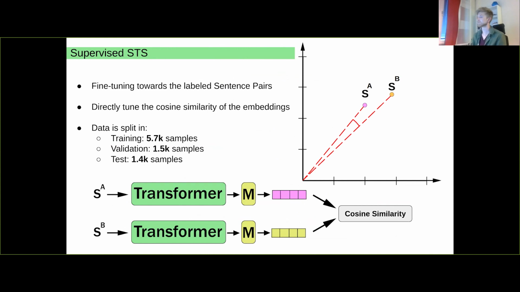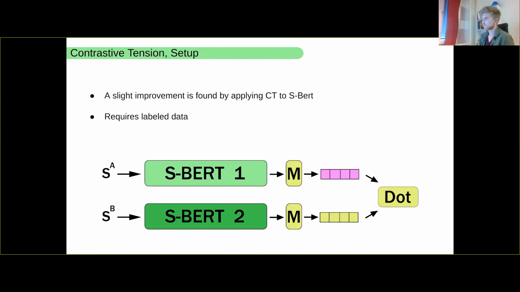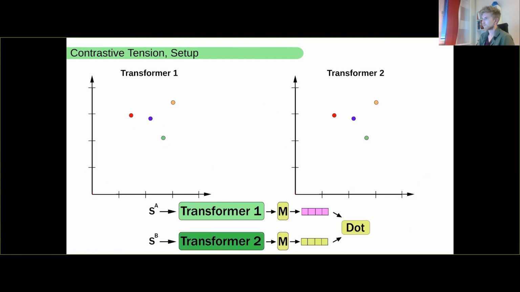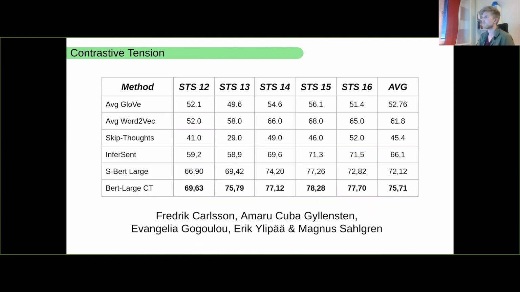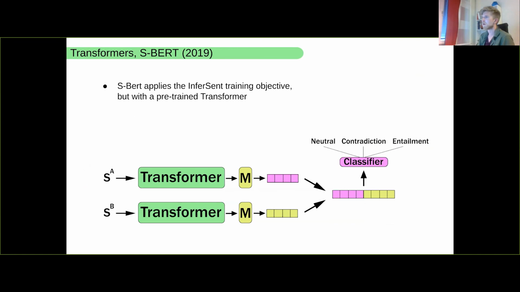Yes, I would like to ask. There are other what they call inference tasks. Have you looked at them? I mean, the tasks you're looking at here, it's similarity between sentences, right?